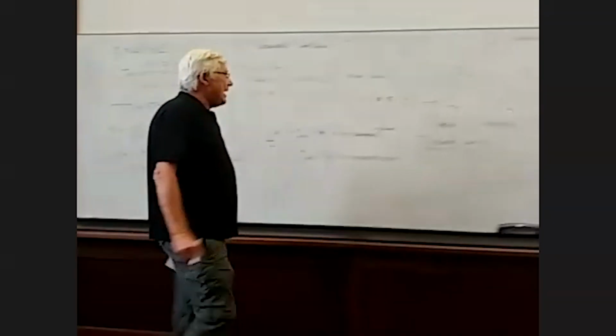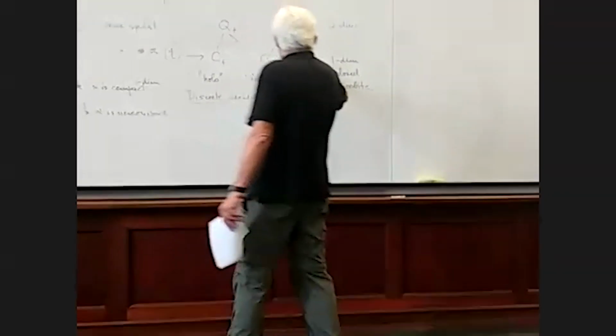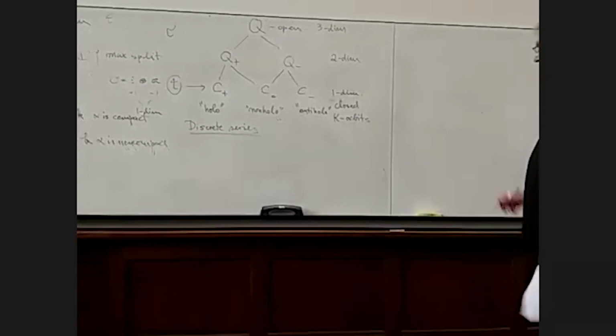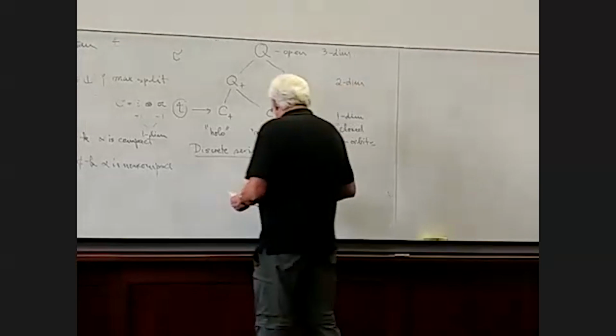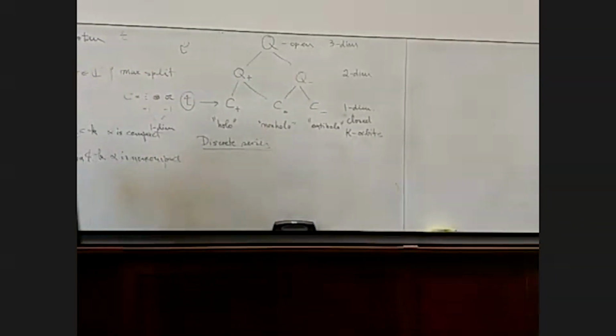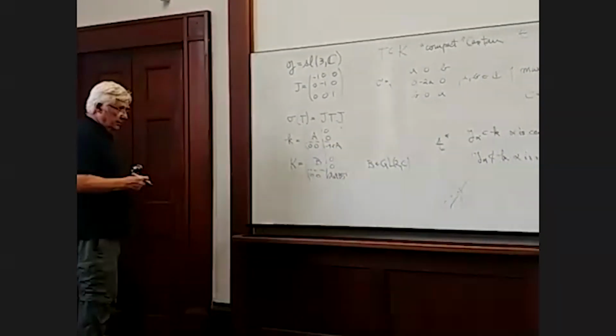And I claim that they correspond to these three closed orbits. So now let me draw a picture. Of course, for these closed orbits, the Cartan is a two-dimensional torus.